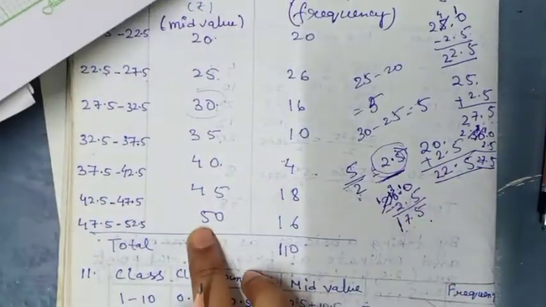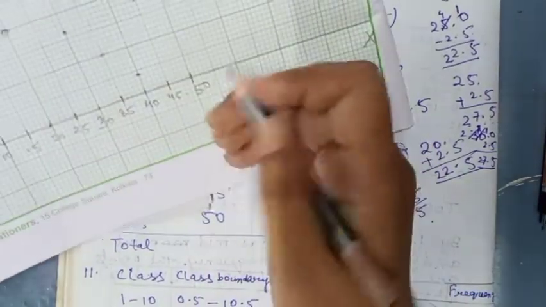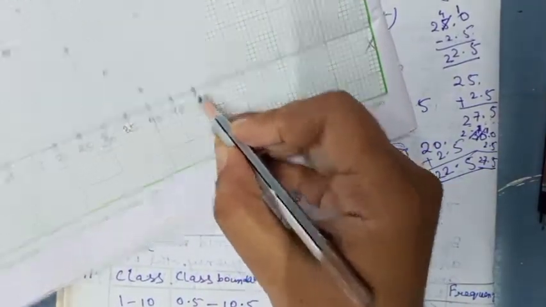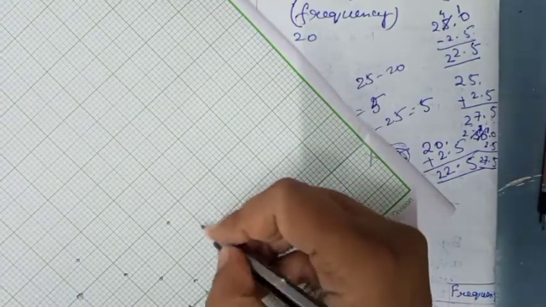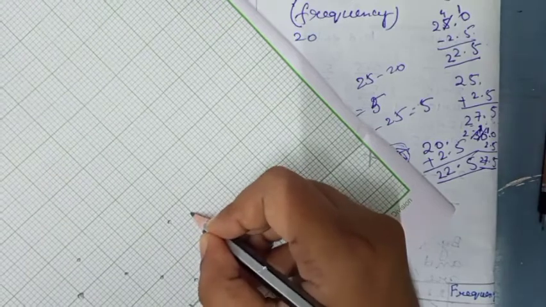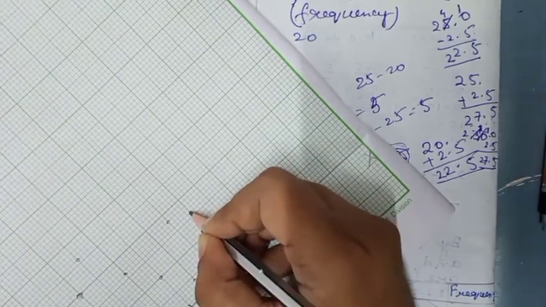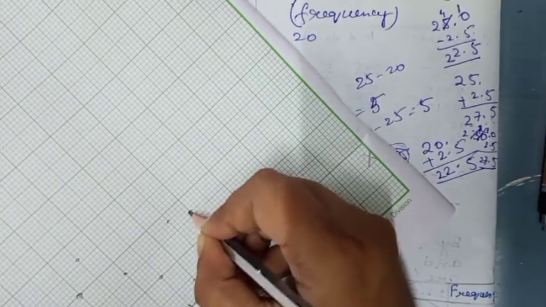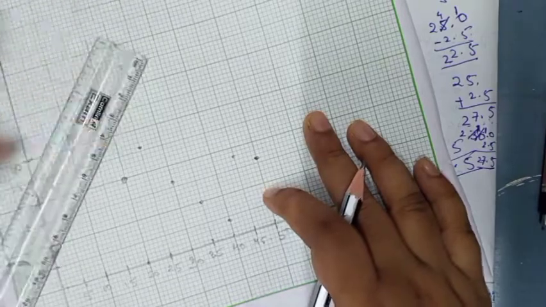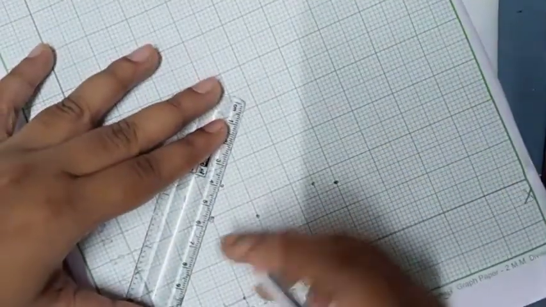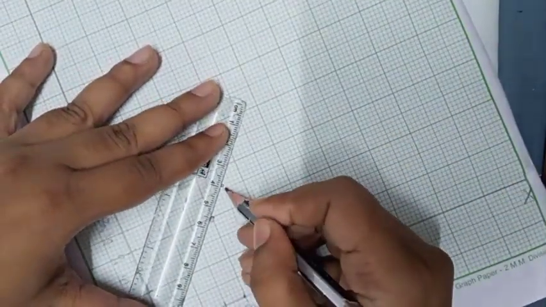After this 50 and 16. 50 is here and 16. 16 is where this one is 15, this one is 16. Okay. Up to here clear. Now what we will do, we will just join all the points using a scale. Okay.